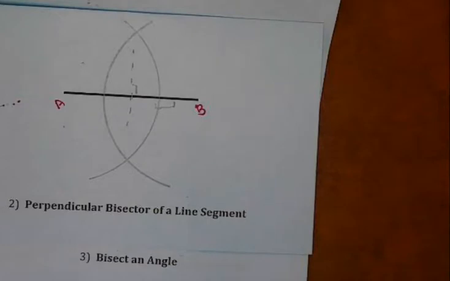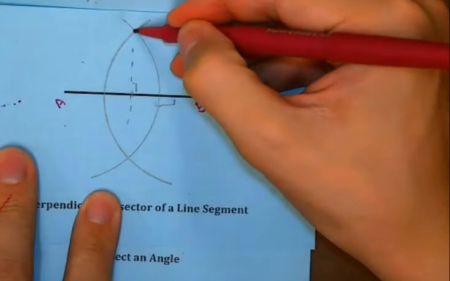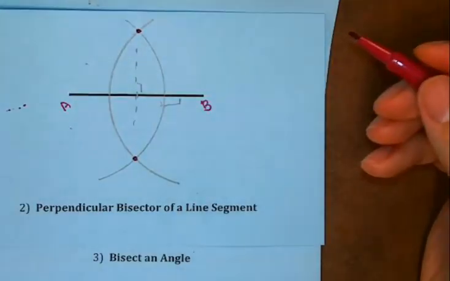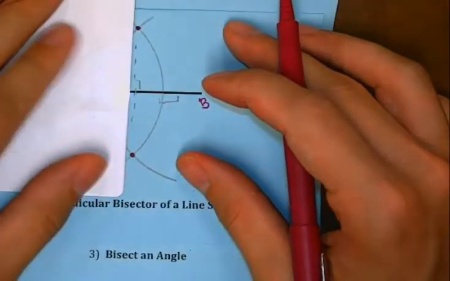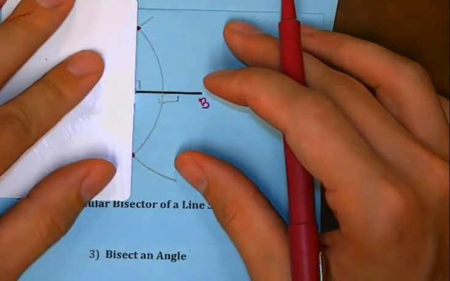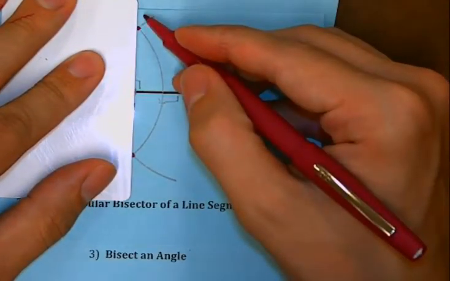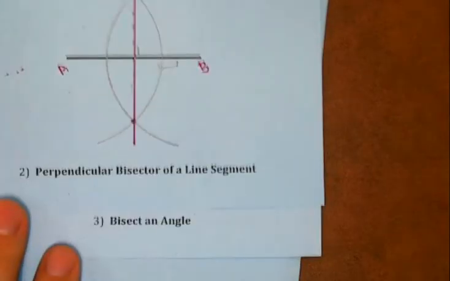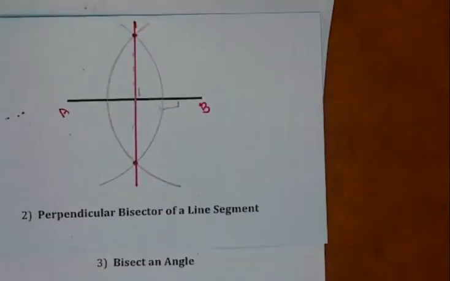We have two X's, right? We have an X here, so we have a dot here, and we have a dot here. We're going to take our straight edge and connect those two dots. Okay, slower.